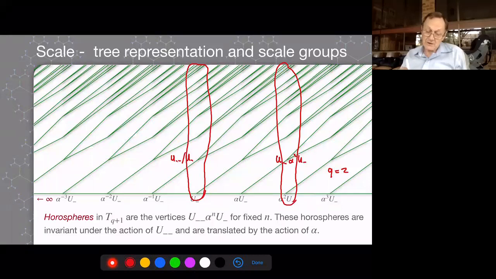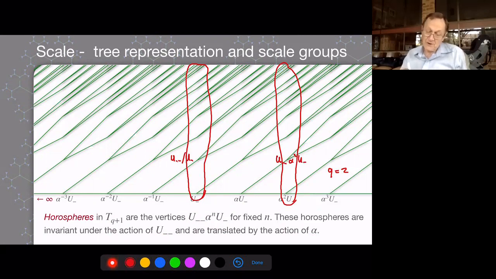And these cosets of the form U double minus alpha^n U for fixed n, these are called horospheres in the tree, and they are clearly invariant under the subgroup U double minus, and they're translated by the action of alpha.